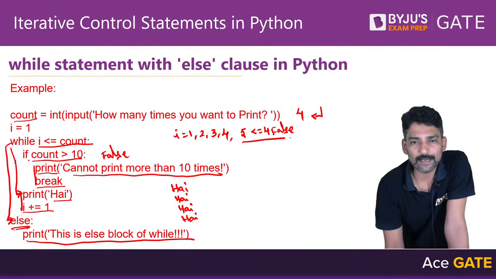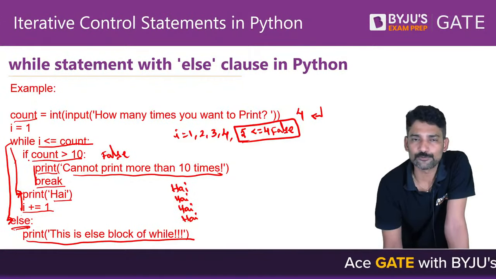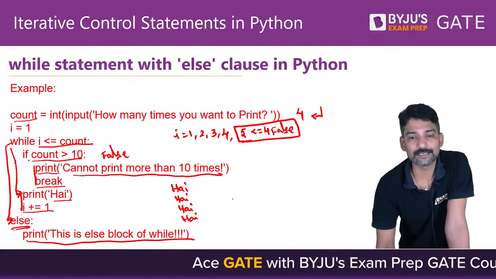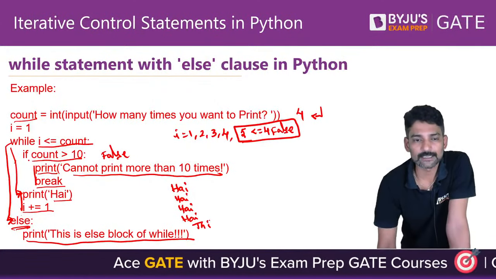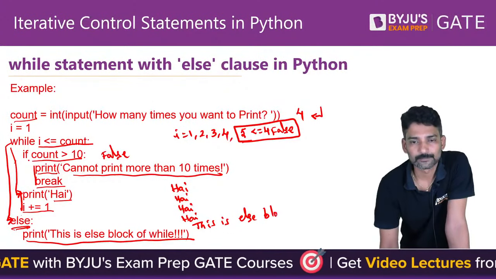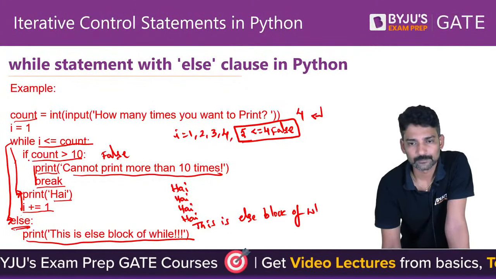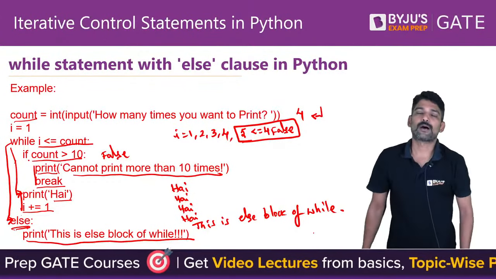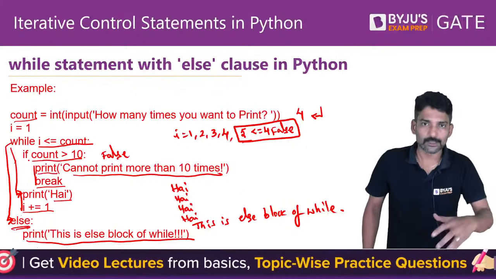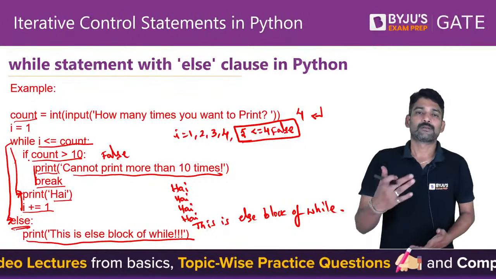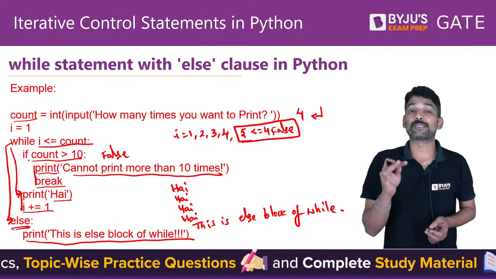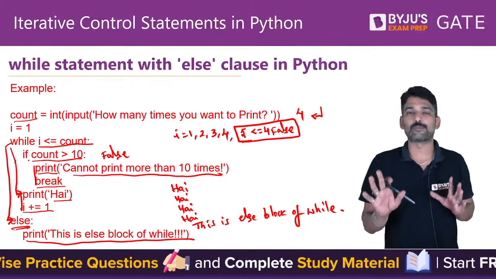So the while evaluates to false and break is not executed, now the else gets executed. This is the else block of the while. So after the while terminates, not with break but with regular termination, the else block gets executed. If the while terminates with the break statement, then else will not be executed.